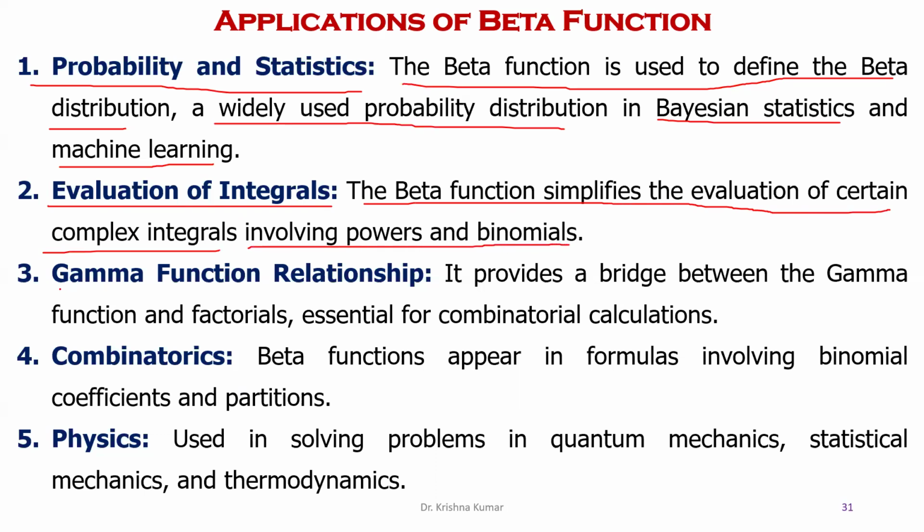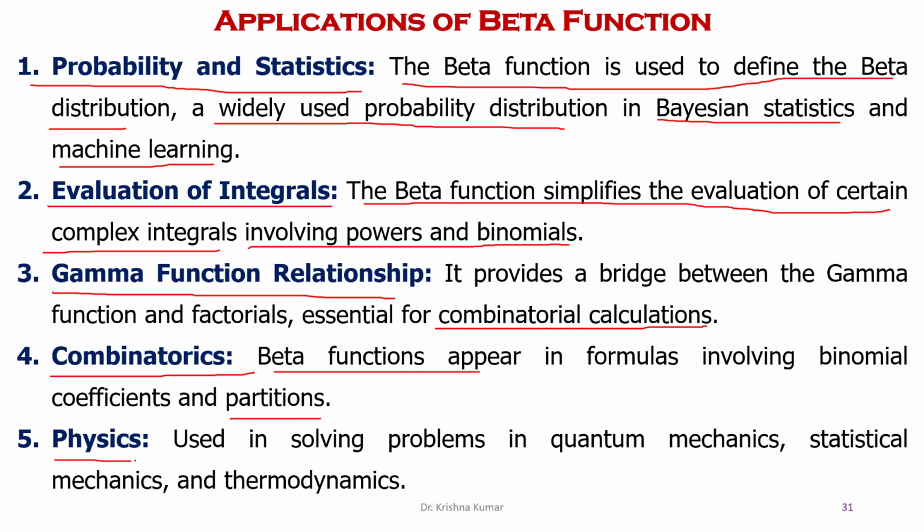The third application is the gamma function relationship. It provides a bridge between the gamma function and factorials, essential for combinatorial calculations. And then combinatorics. The beta function appears in formulas involving binomial coefficients and partitions.